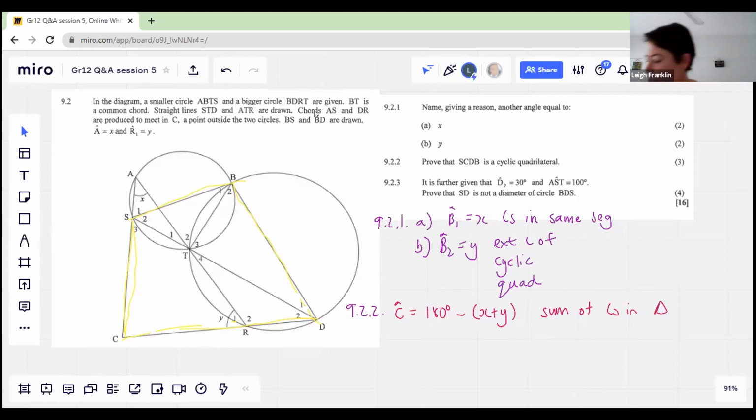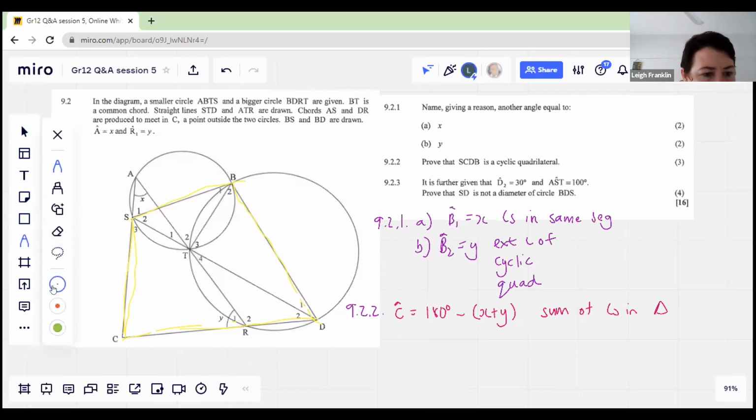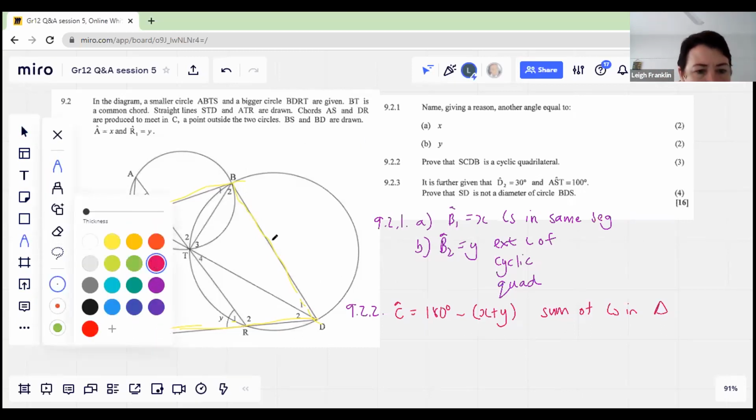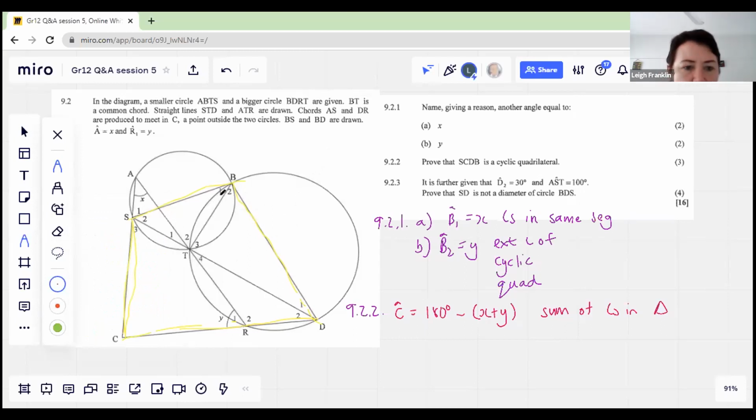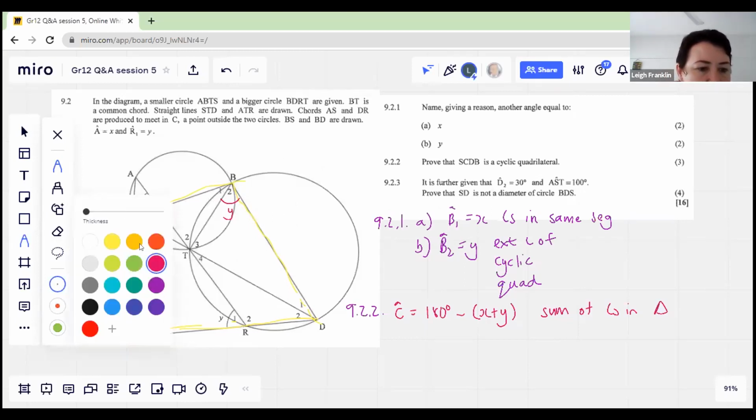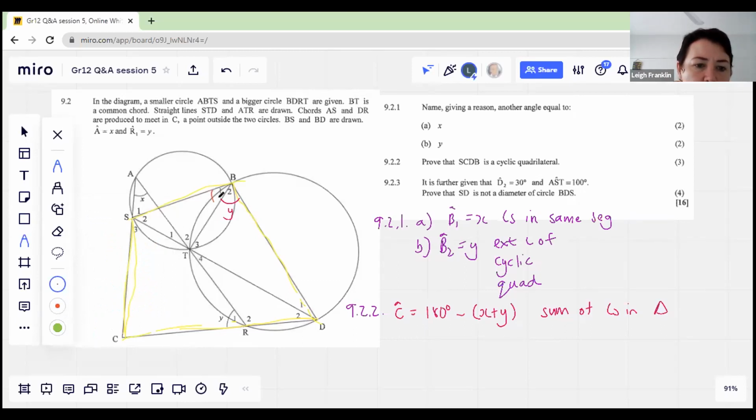Oh, hang on a second. Am I just being dumb? We know what angle B2 is, don't we? We know that angle B2 is Y, and we also know that angle B1 was equal to X. So it goes back to what we had done over here.